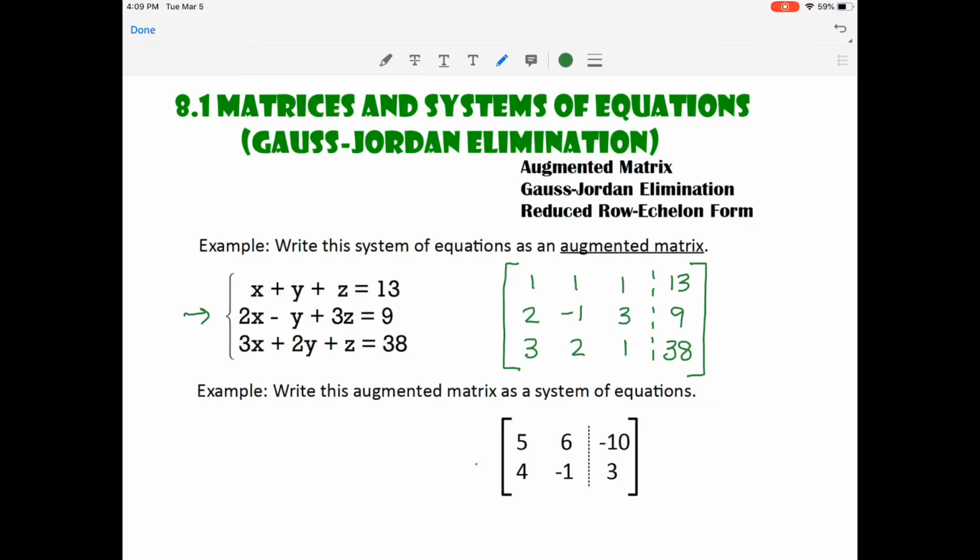And so if you see an augmented matrix, you can go backwards and you can write the system that corresponds with that. So this one was a smaller matrix because it was a smaller system.